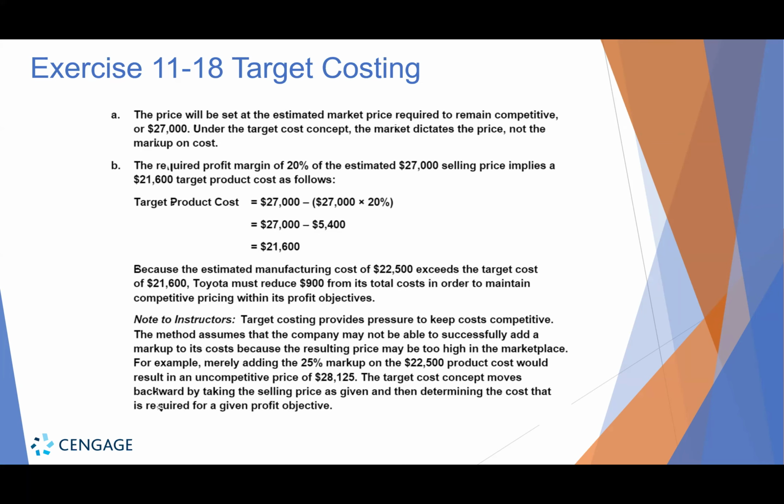So, in other words, we know what the price has to be. We've got to reduce the cost. So we can only put in 21,600 in costs on each Camry. Because the estimated manufacturing cost of 22,500 exceeds the target cost of 21,600, Toyota must reduce $900 from its cost in order to maintain competitive pricing.